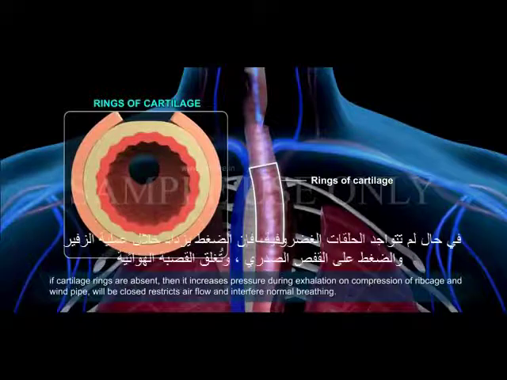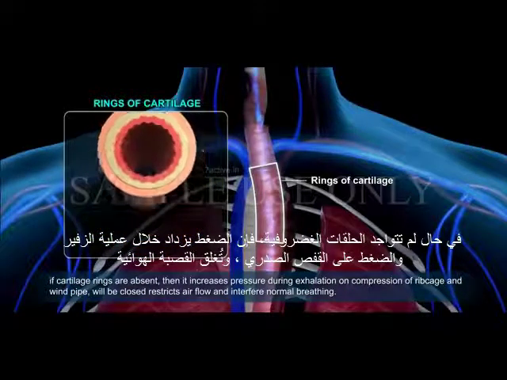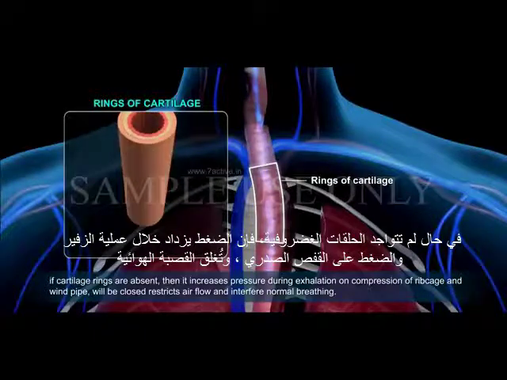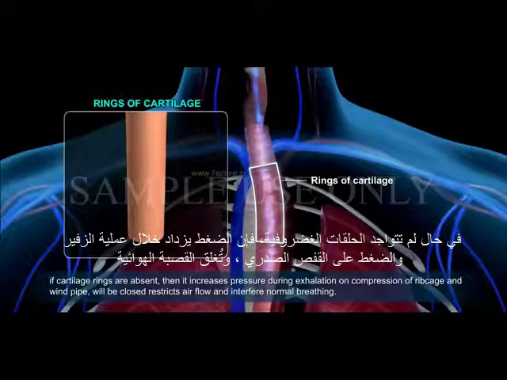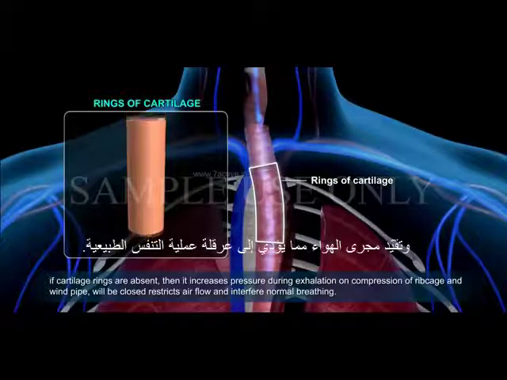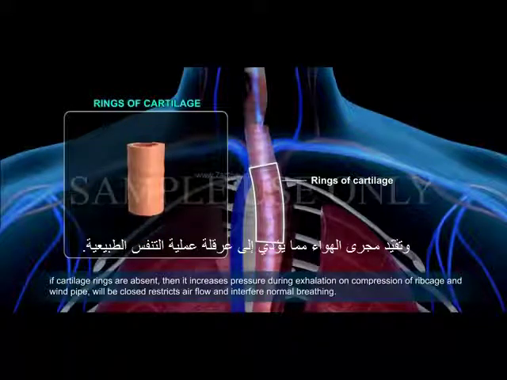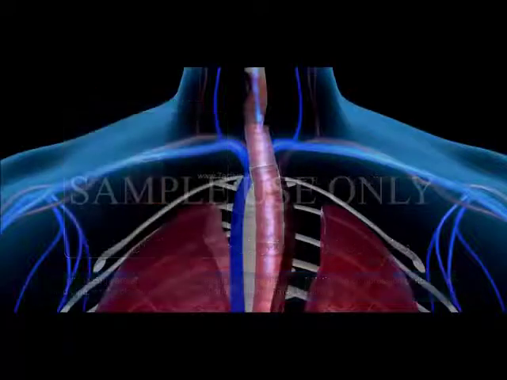If cartilage rings are absent, then pressure increases during exhalation on compression of the rib cage, and the windpipe will be closed, restricting airflow and interfering with normal breathing.